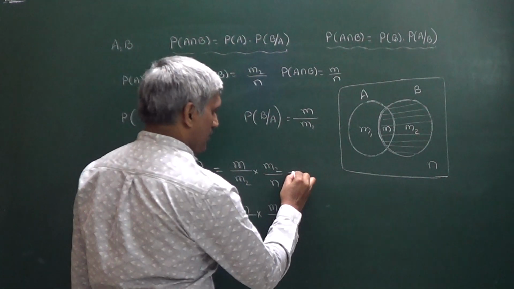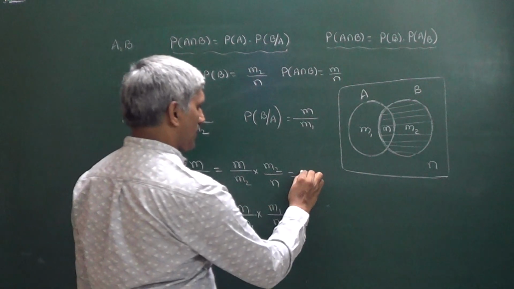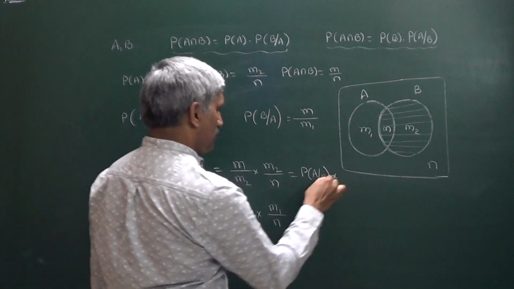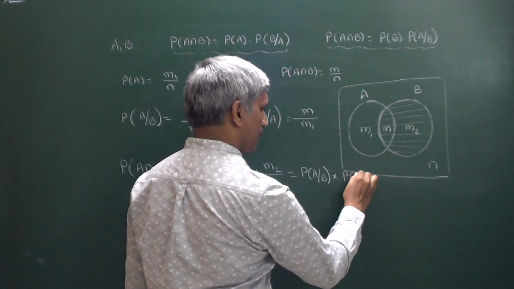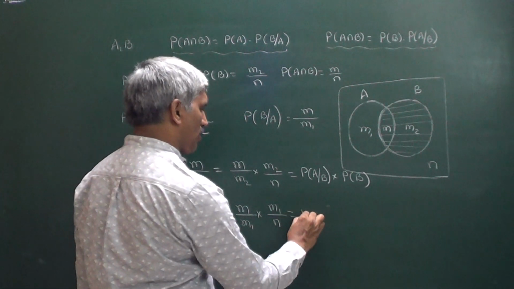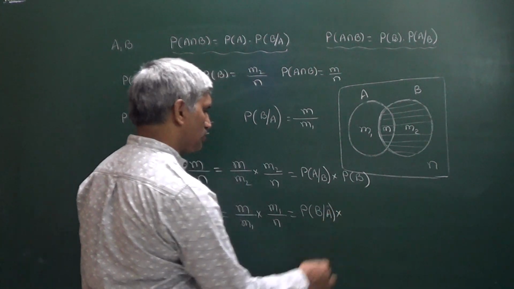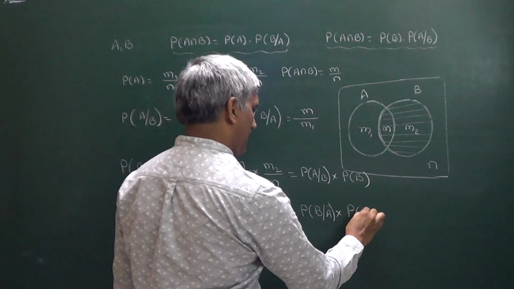Now M by M2 is nothing but P of A by B, into M2 by N, which is nothing but P of B. Whereas here M by M1 is nothing but P of B by A, into M1 by N, which is nothing but P of A.